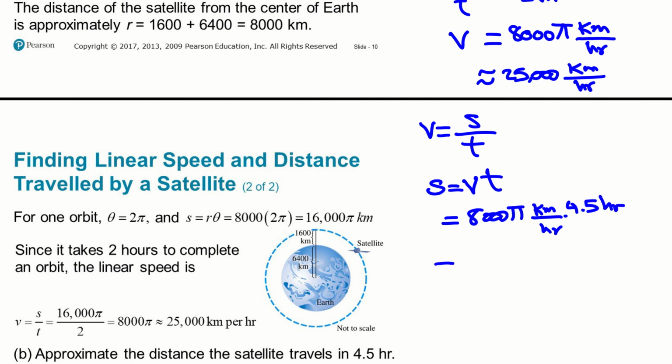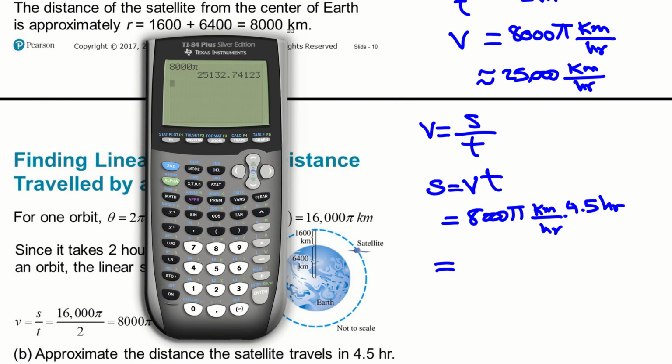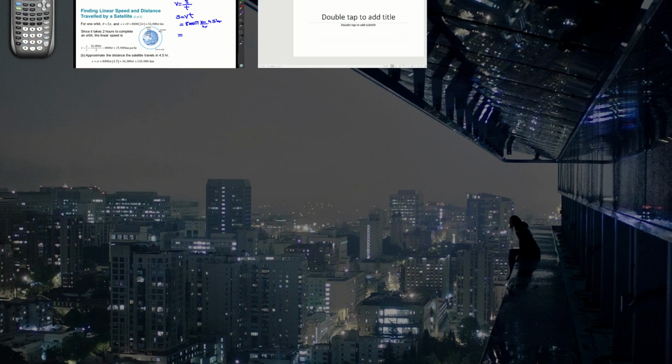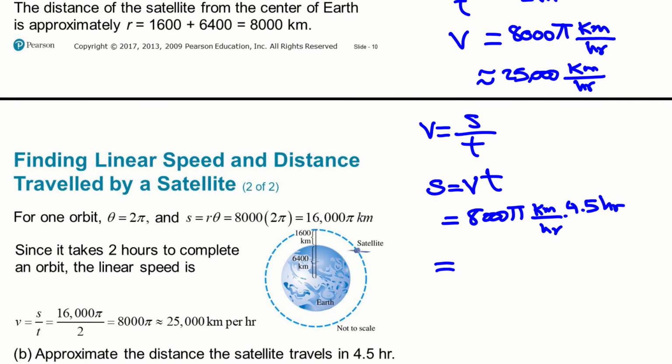And we basically get, so if we multiply 8,000 by 4.5, we end up with 36,000 pi kilometers.